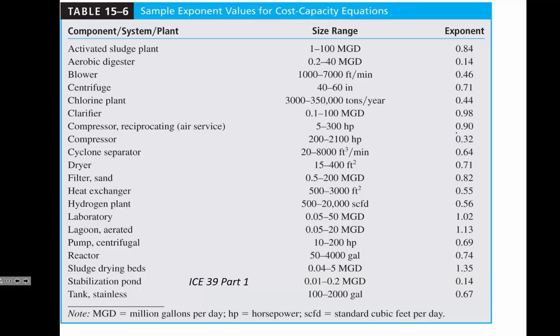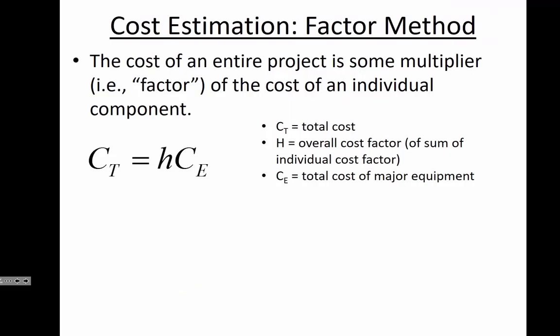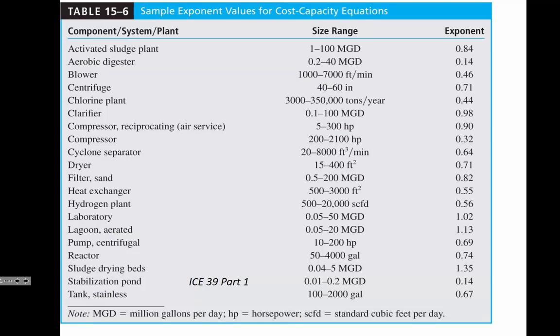Okay, so to try these ideas out, I'm going to give you an in-class exercise that has a wastewater treatment plant that has 3 components, and you're going to need to estimate the cost of the treatment plant based on some given information about the size of it, and also given previous costs.